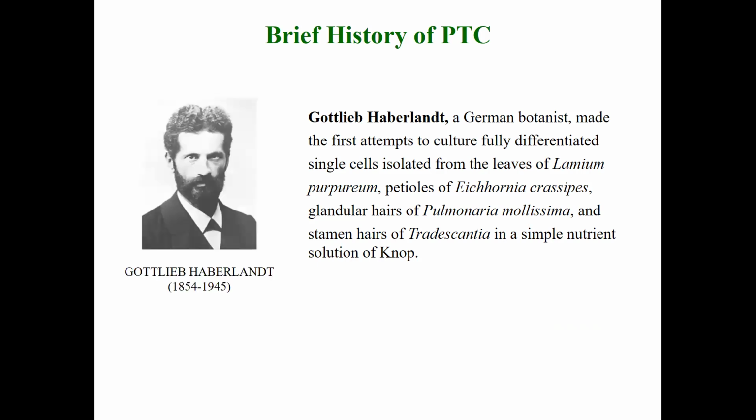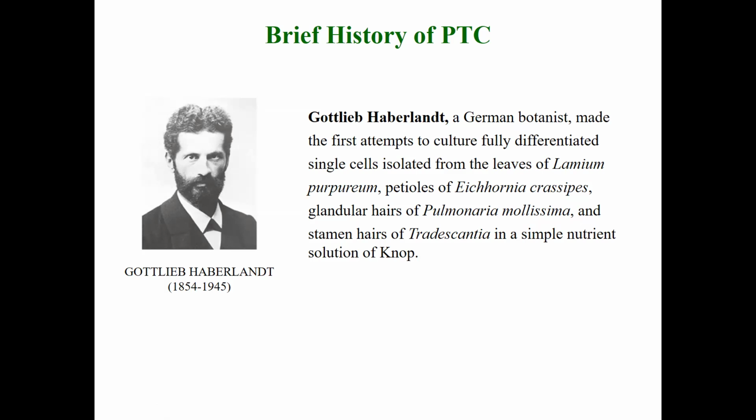When we say tissue culture, we should remember Gottlieb Haberlandt, a German botanist. He made the first attempt to culture fully differentiated single cells isolated from the leaves of Lamium purpureum, petioles of Eichhornia crassipes, glandular hairs of Pulmonaria mollissima, and stamen hairs of Tradescantia in a simple nutrient solution of Knop.